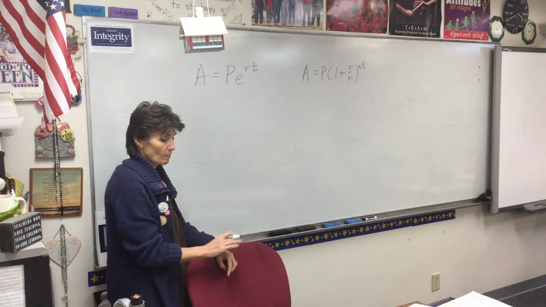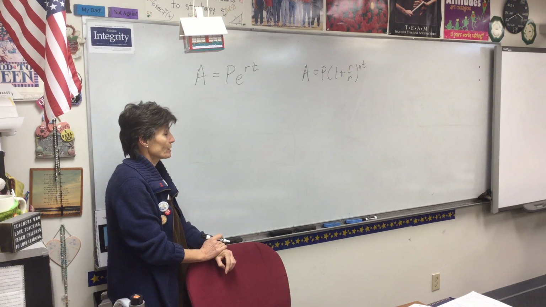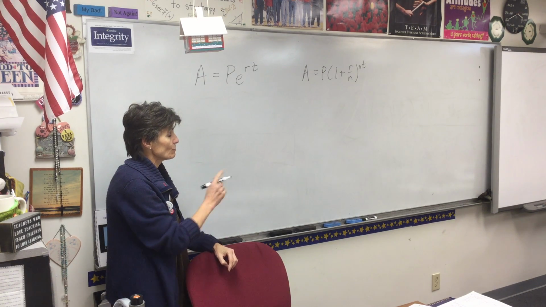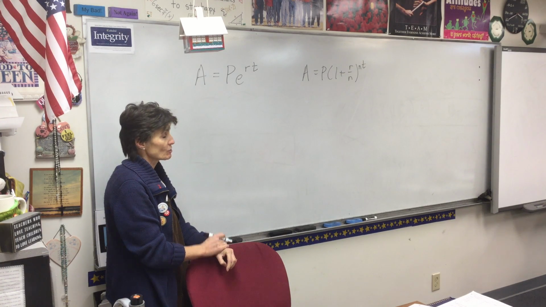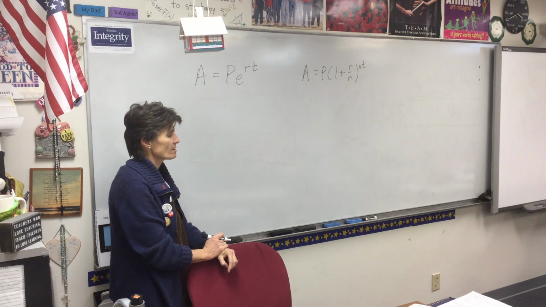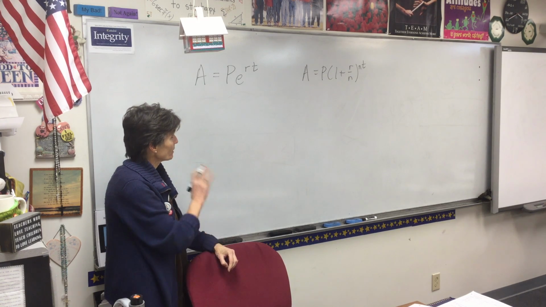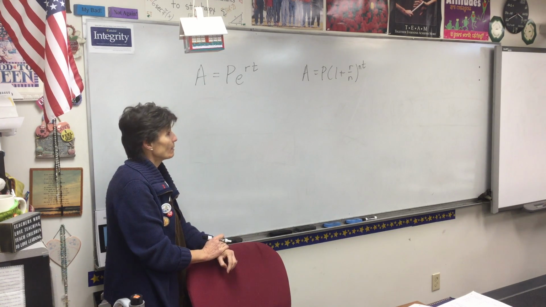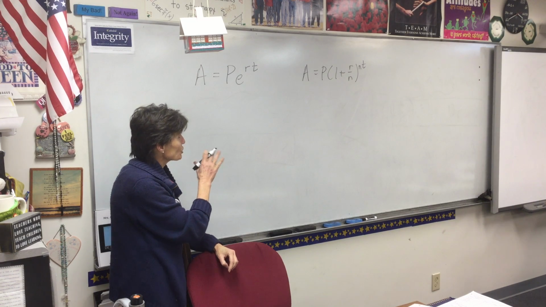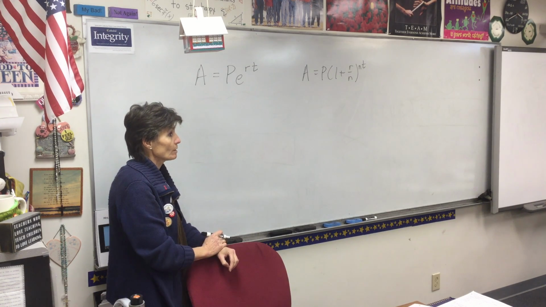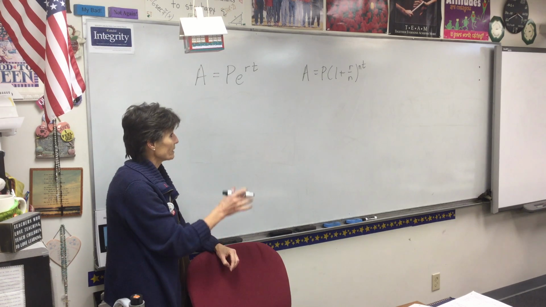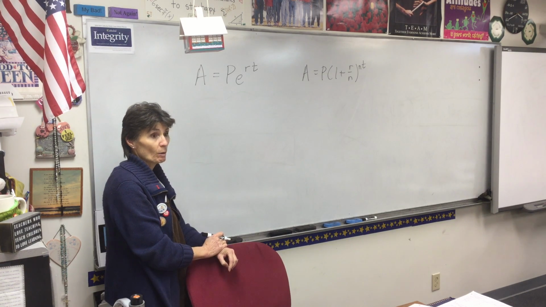Before we start the problems, we're going to talk about when we use which formula. These are the only two I'm making you memorize. There are zillions of financial formulas. We're only going to memorize these two. I'm going to go through and we're going to talk about what each letter stands for so that you know what to plug in where to solve the problem.